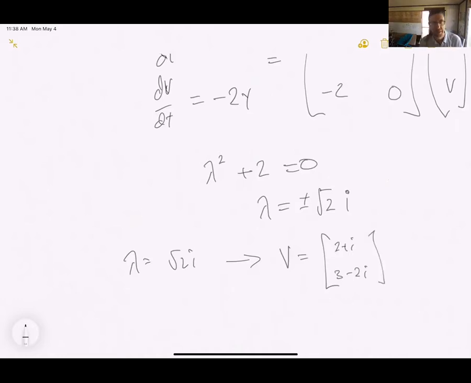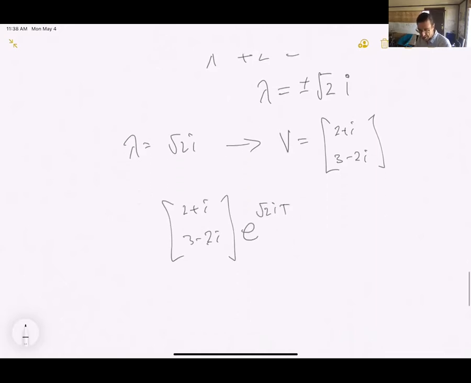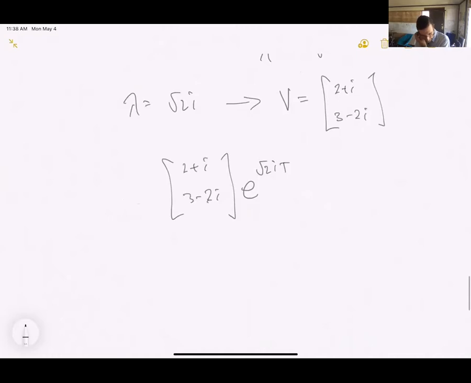I'm just pretending here. Then the specific solution would be (2 plus i, 3 minus 2i) times e to the root 2i t. Again, I'm just reviewing here. That's one specific solution.